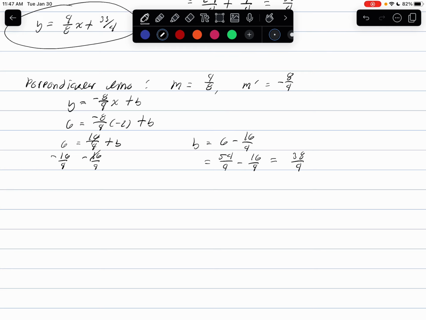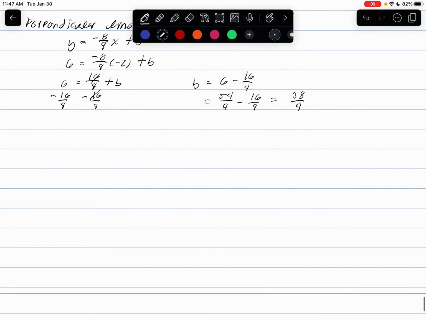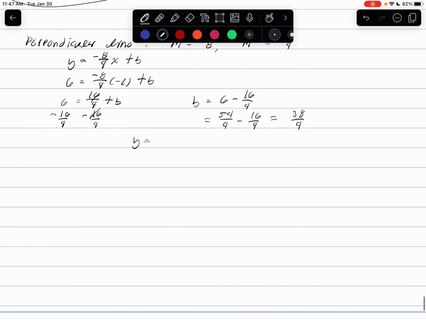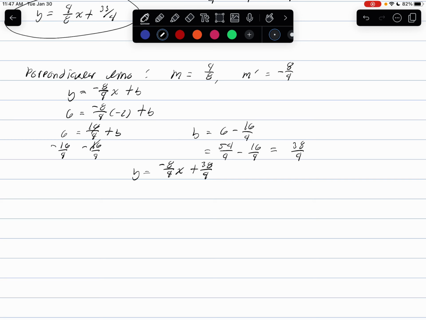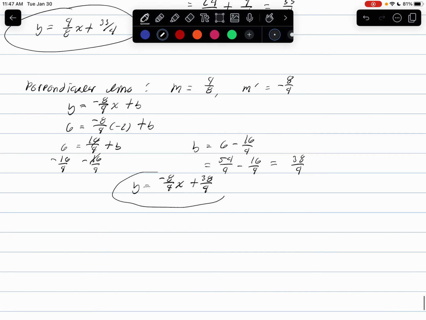So the equation for our line is going to be y equals negative 8 over 9x plus 38 over 9. So there we go. This is the equation for our perpendicular line.